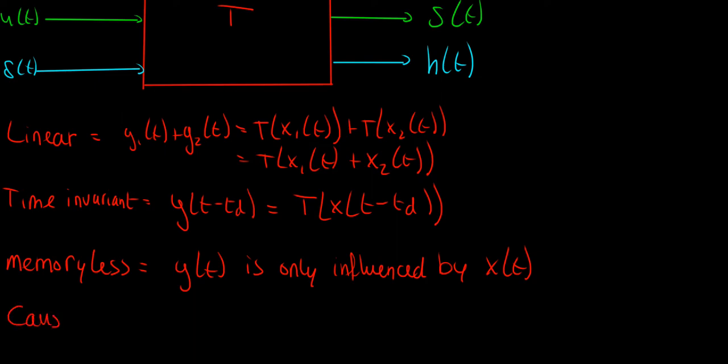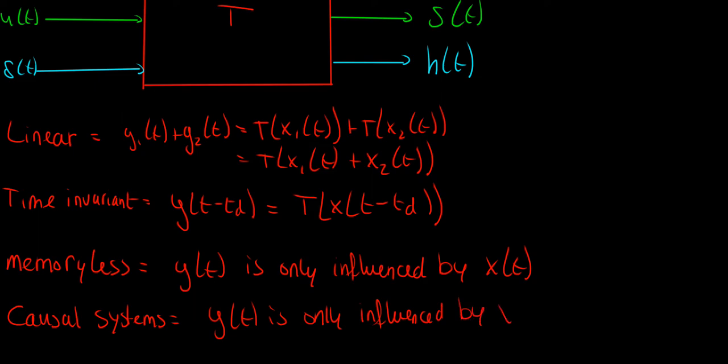Then we also have causal systems. If it's causal, it means that y(t) is only influenced by x(t_d), where t_d is smaller or equal than t.